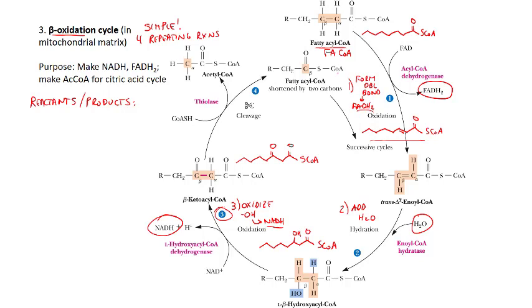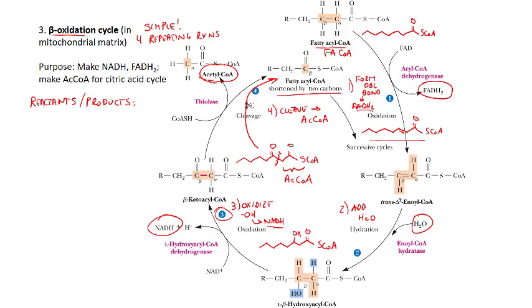And then in the fourth reaction, we simply cleave off the first 2 carbons to give us acetyl coenzyme A. So if you just cut this bond right there, what you're left with right here is an acetyl coenzyme A, which is released as a product, and then what's left over is the same fatty acid chain, except now it's 2 carbons shorter. And this whole process repeats over and over again until the entire fatty acid has been chopped up into these 2 carbon acetyl-CoA units.